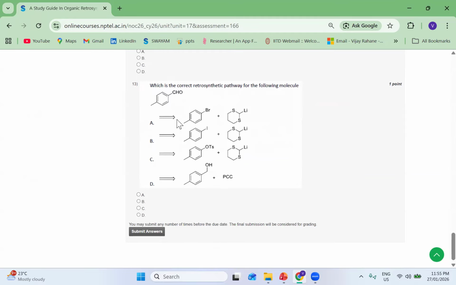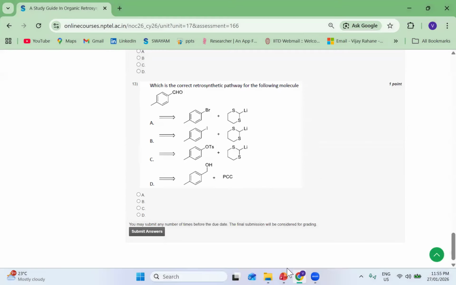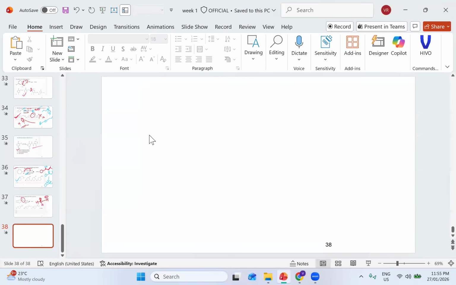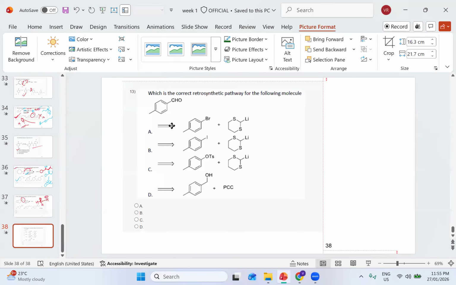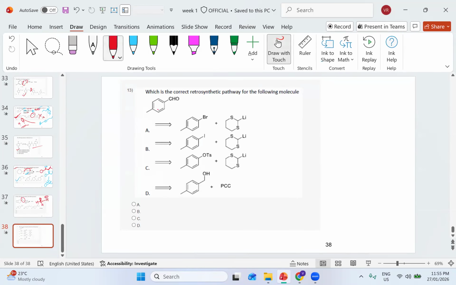I will take one example, which is based on protecting groups. I should not solve all the questions, but this is your first week, so I will help you in terms of solving this question.